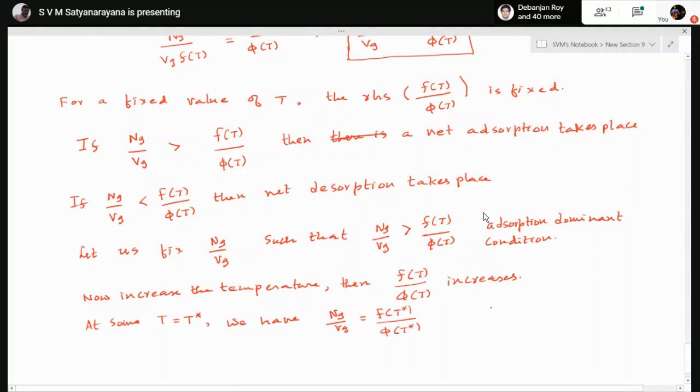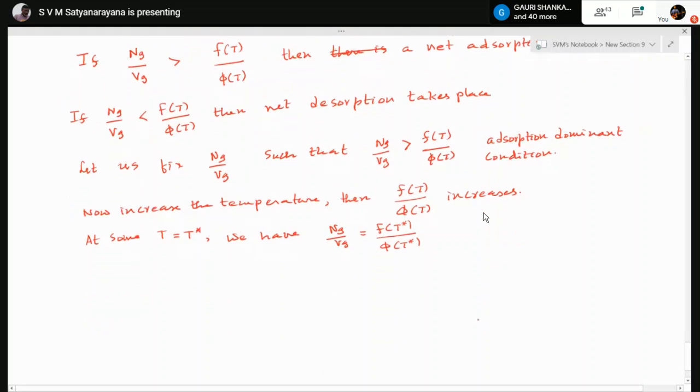Now, if you further increase the temperature beyond T star, then this adsorption is done. So you can also determine the temperature at which there is no net absorption or desorption.